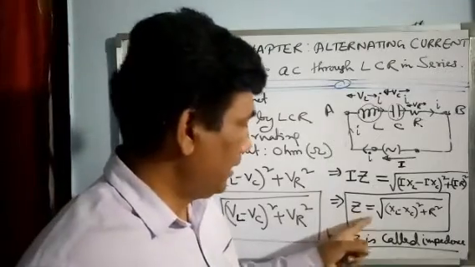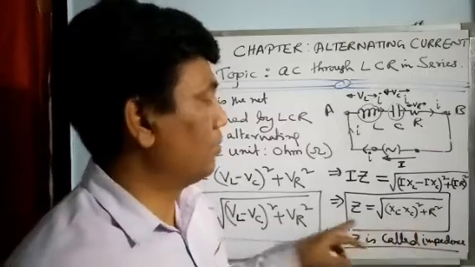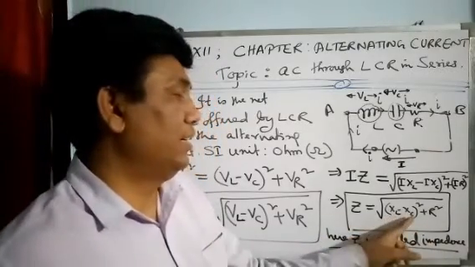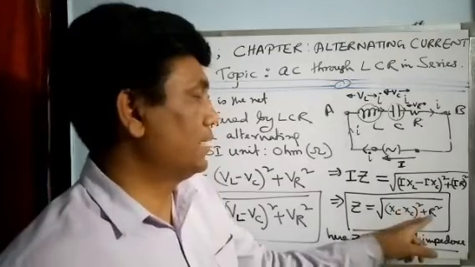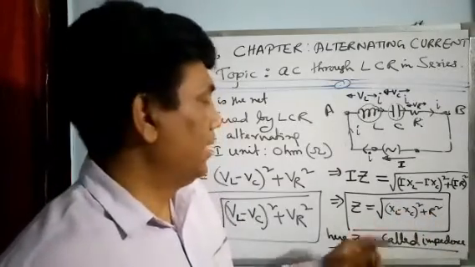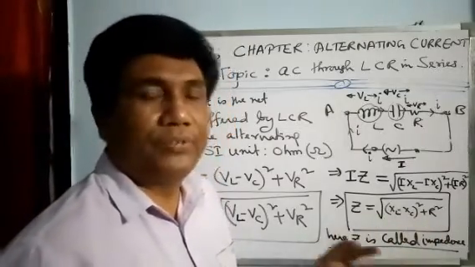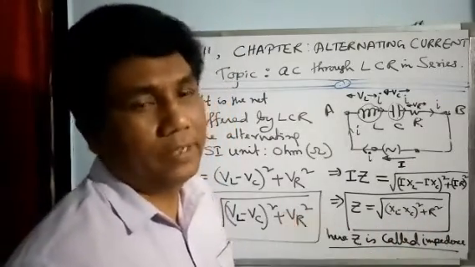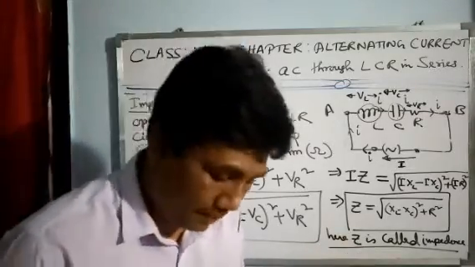So the value can be calculated from this formula only: 3 minus 3 whole square plus 2 square. Are you getting my point? And again here there are 4 quantities. Out of 4, if we know 3, the remaining one can be easily calculated. So the problems are there, you can practice.